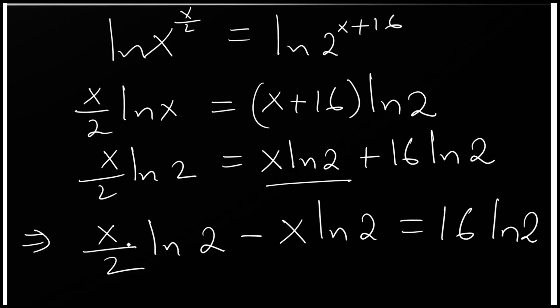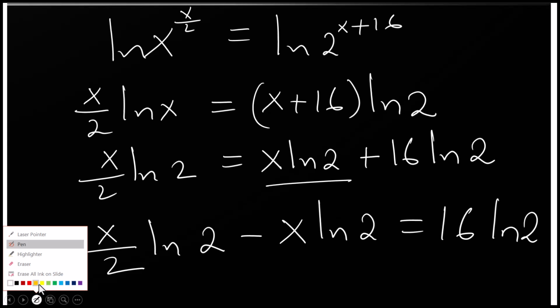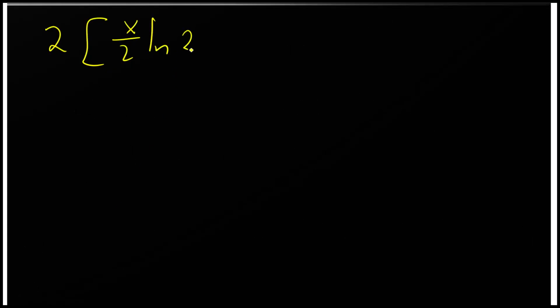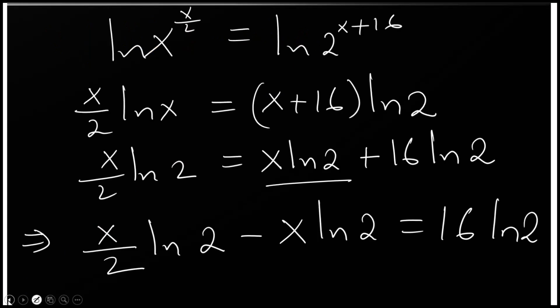Now the fraction here is making the whole thing complicated. So let's dissolve this, and we can only do that by multiplying through by 2. Okay. So we have 2 times x on 2 ln of x, minus x ln of 2.